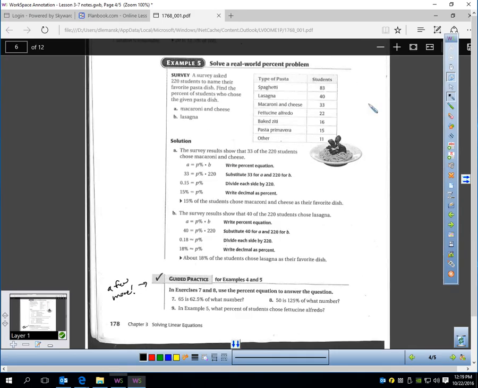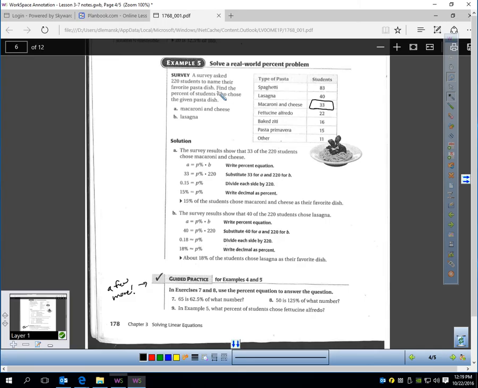Okay? You are going to have some word problems where you'll have to do either proportions or percent equations. Let me just set up one of these. A survey asked 220 students to name their favorite pasta dish. Find the percent of students who chose the given pasta dish. Mac and cheese. I see mac and cheese were 33. Okay? So here's what I need to figure out.